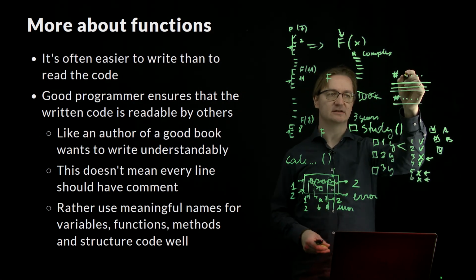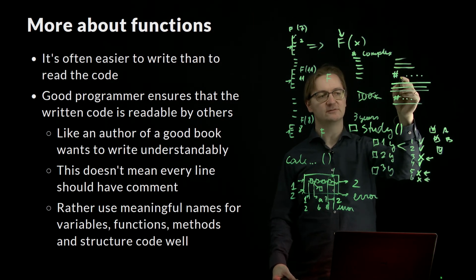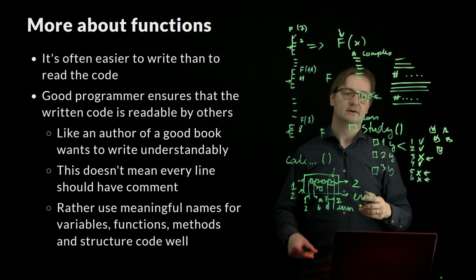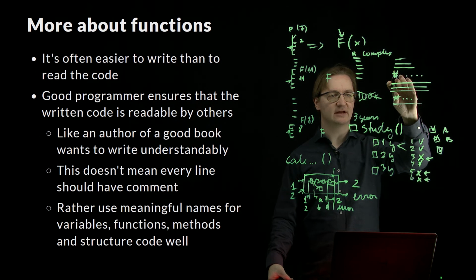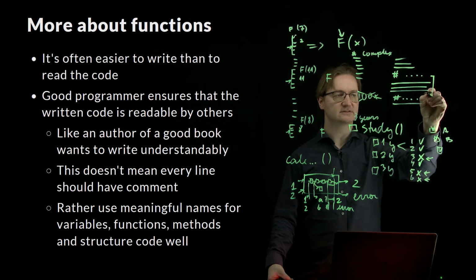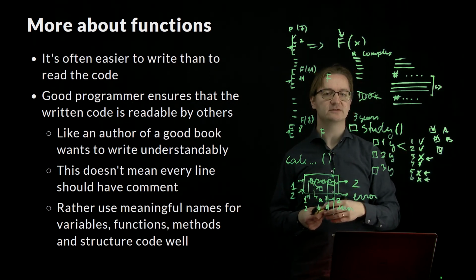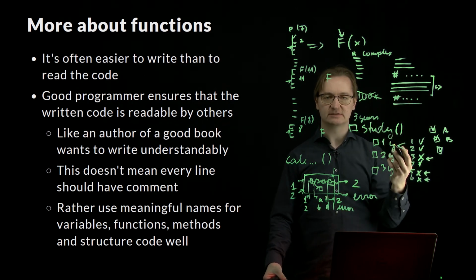So I have said that those 3 lines do something complex, and I have written a comment. What is often done is that instead of writing this comment and having 3 lines here, we extract them into a function. What's good about a function is that it has a name, and by the name I can give hints about what's done here.